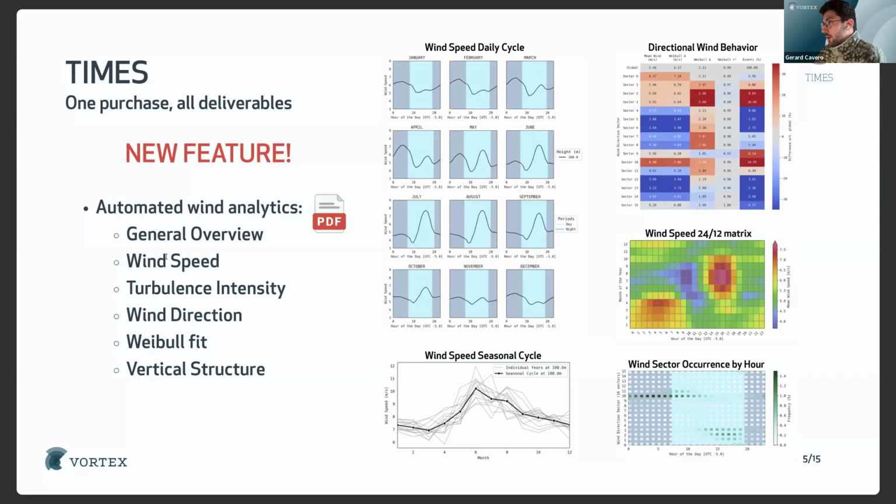But you can have a deeper understanding of these variables by downloading the wind speed PDF, turbulence intensity, wind direction, also a wave and vertical structure. For example, here I have shown some examples of the plots that you can find inside these PDFs. You can have a look at the daily cycle of the wind speed, also the seasonal cycle. You can focus on the wave parameters, split by sectors or by months, by season, and have a look at the tab file, for example.